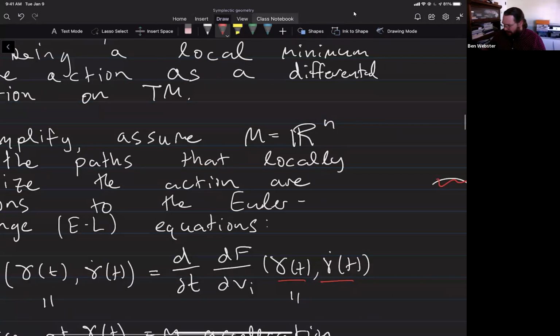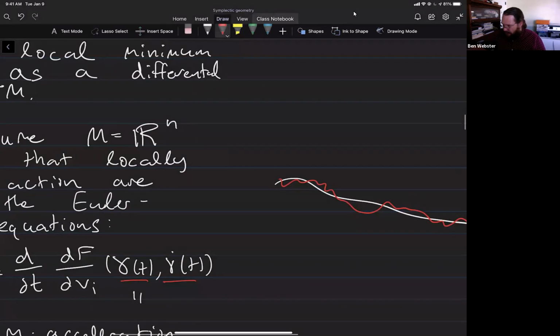Maybe I should expand a little bit on the notation here. So xi are coordinates on Rn.